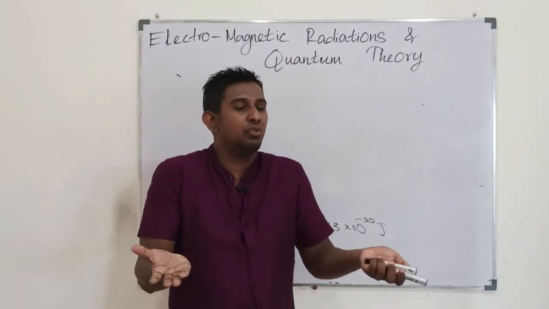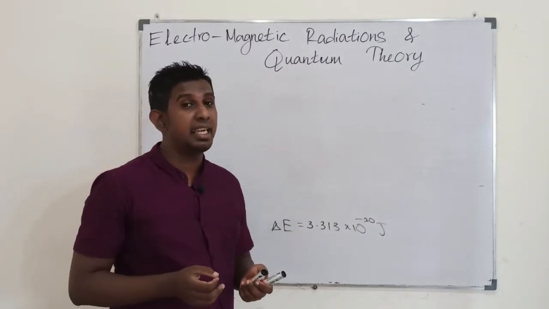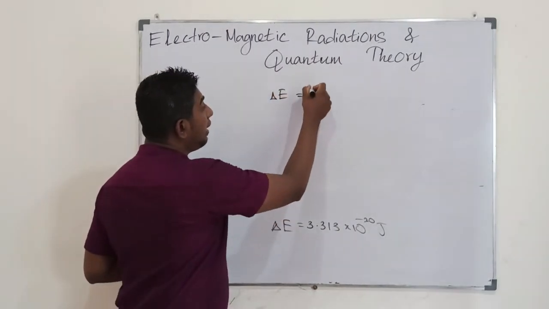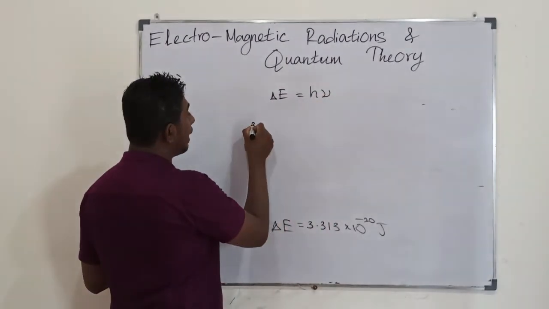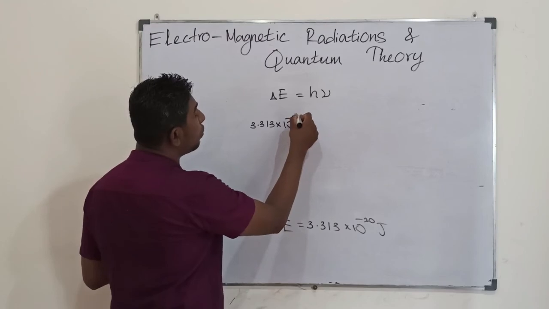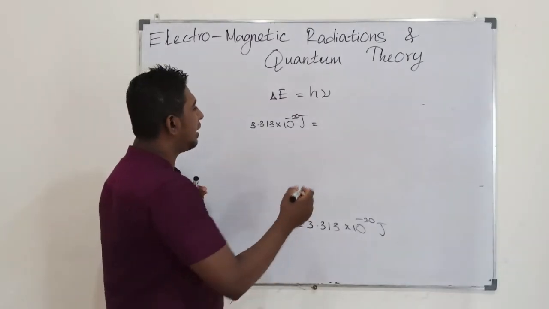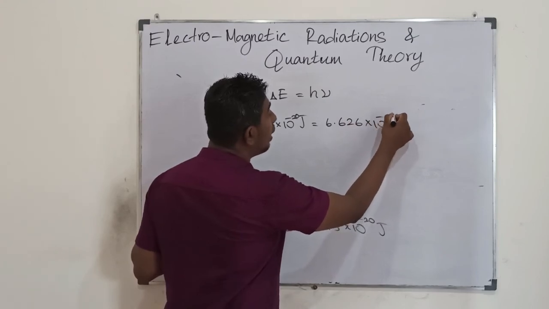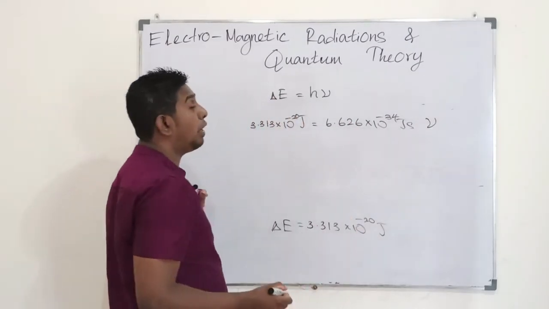If they ask us to calculate the frequency standing for that radiation, you could easily do that by substituting the value in delta E equals h nu. The given energy value is 3.313 into 10 to the power minus 20 joules. Then you already know the Planck's constant, 6.626 into 10 to the power minus 34 joule seconds. Then it's the frequency we are about to find.